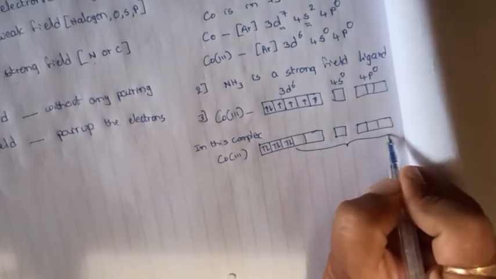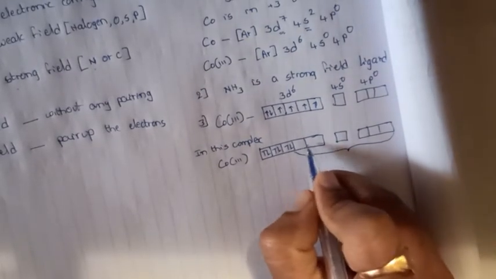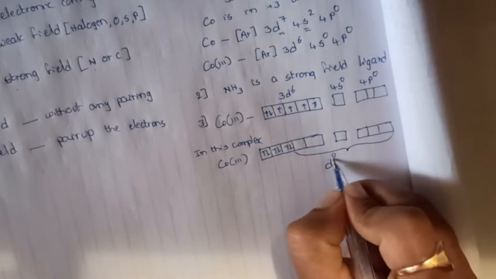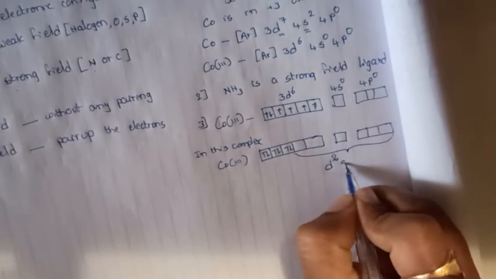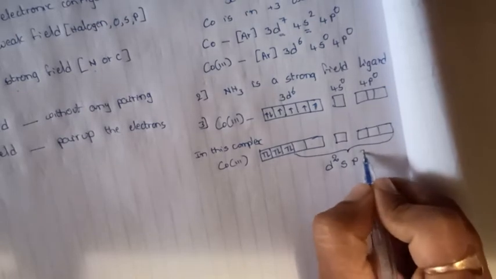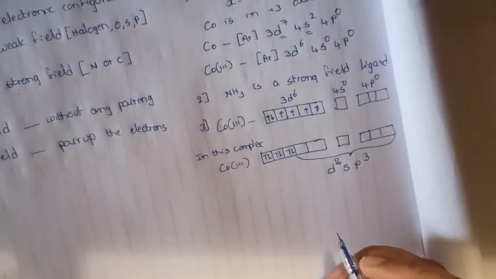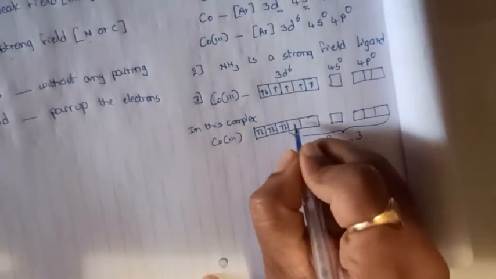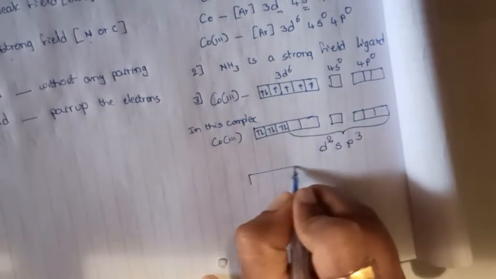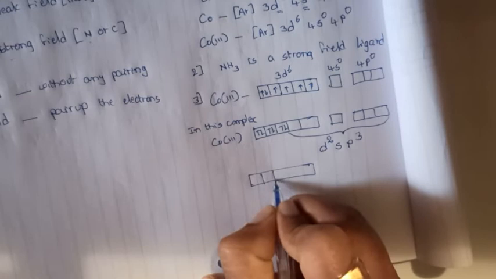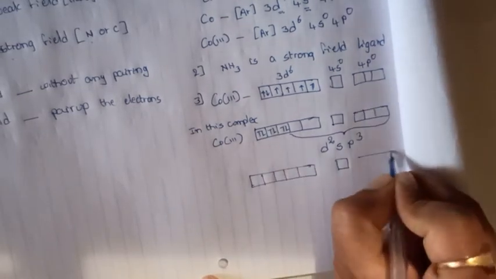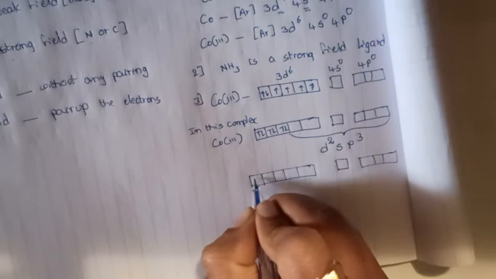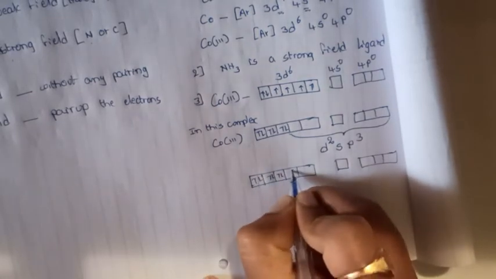These 6 empty orbitals in the central atom undergo hybridization: 2 d orbitals, 1 s orbital and 3 p orbitals. So it is undergoing d2sp3 hybridization. Next, you have to fill the 6 lone pairs.